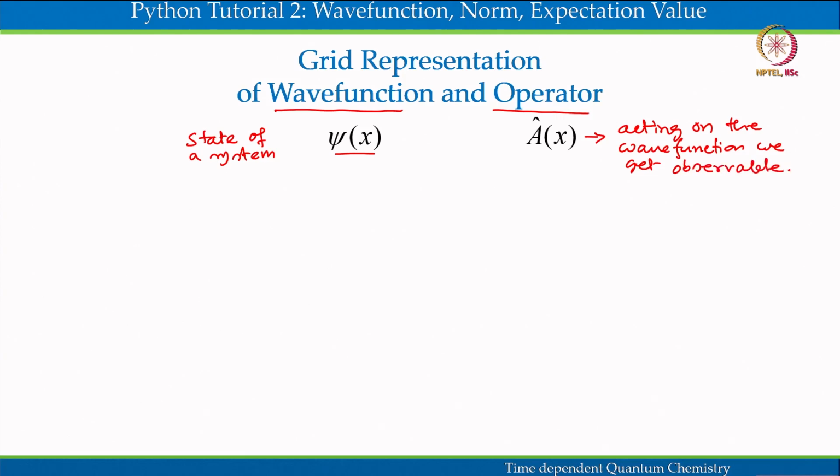Therefore, because these are the two constituents of quantum mechanics, the first step towards obtaining a numerical solution of any quantum mechanical problem is to represent the wave function and the operator in an appropriate computer programming data structure. That's the first step we should have if we want to use numerical solution of quantum mechanical problems.